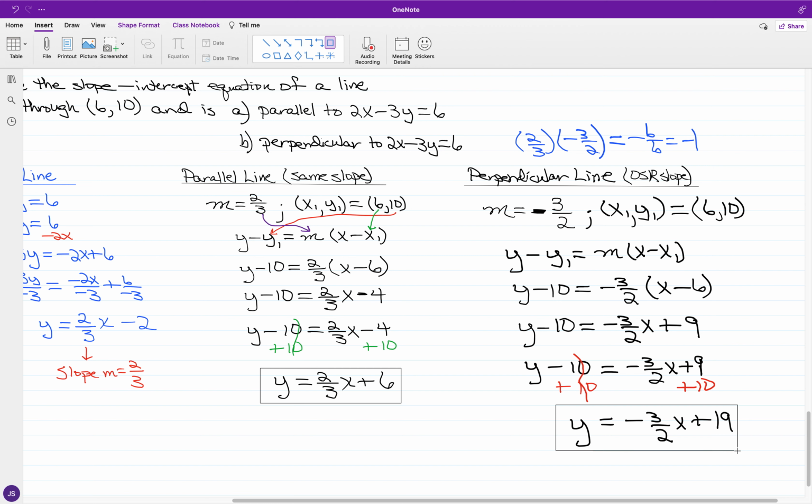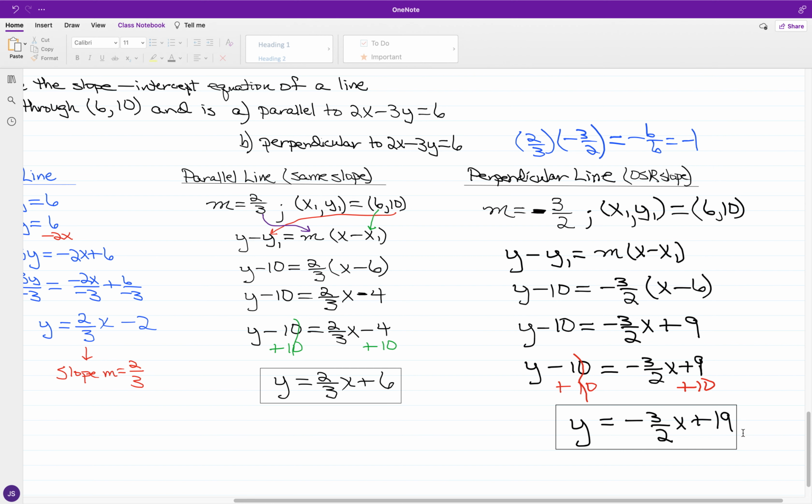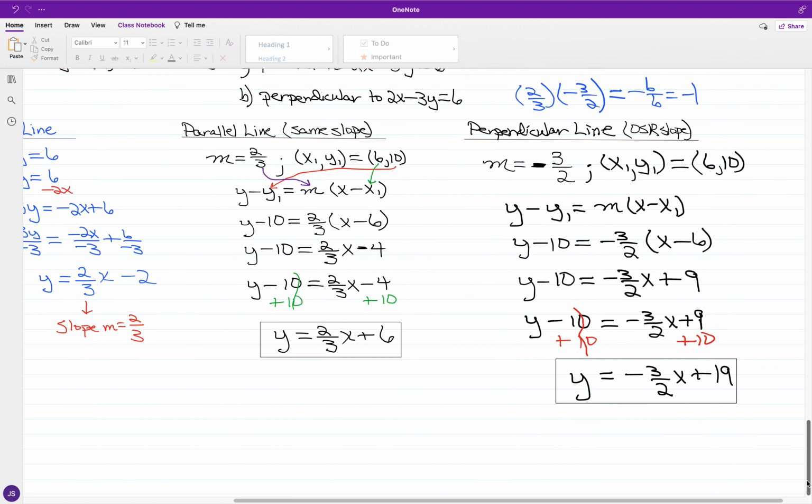Alright, and now just looking at the determination of the parallel and perpendicular lines, for the next few moments.